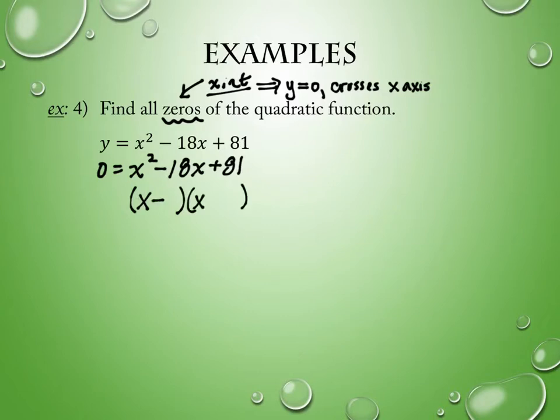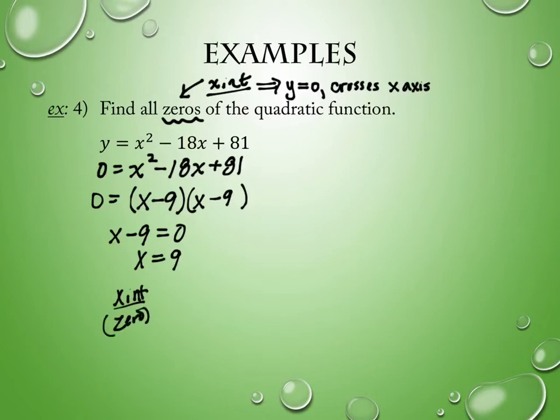It factors very nicely. It's x minus 9 and x minus 9. And since they match, if I set either one of them equal to 0, I get the same value, and x is going to be 9. So my x-intercept, or my zero, means the same thing, is x equals 9 and y equals 0.